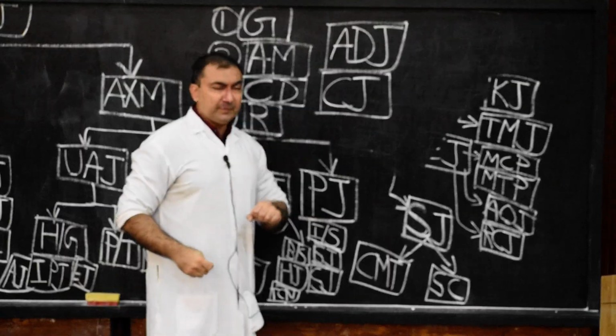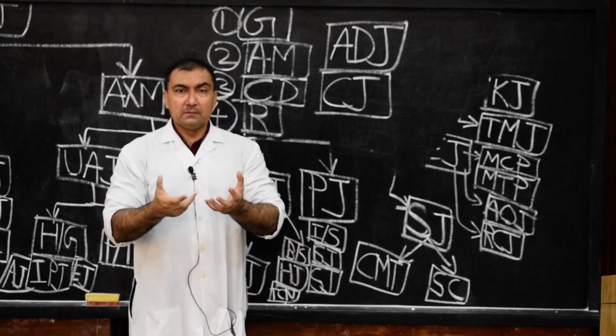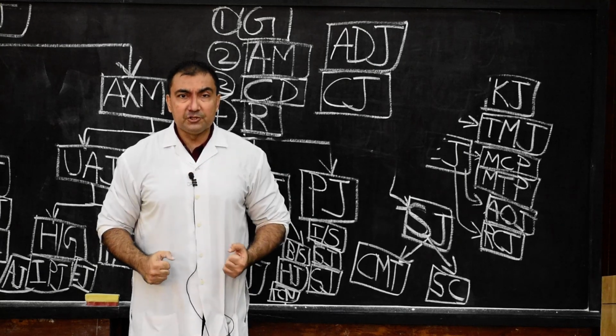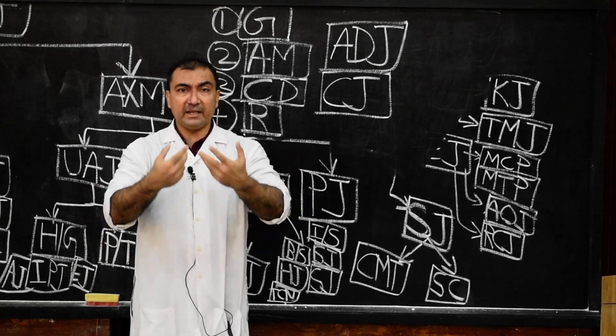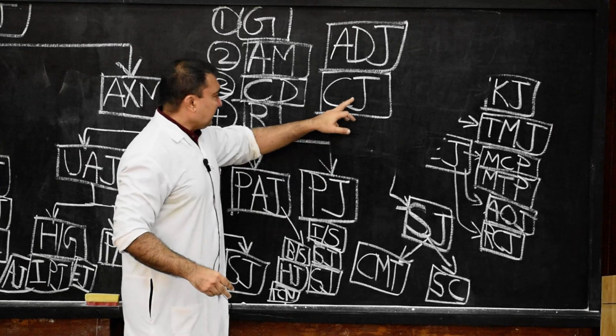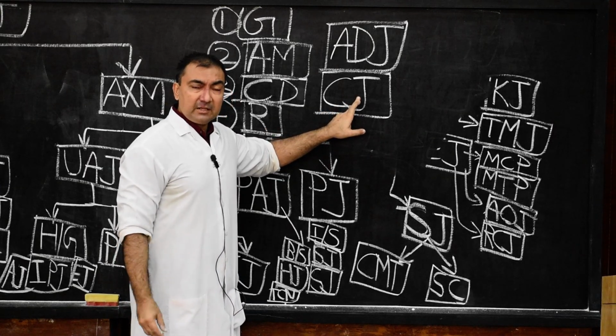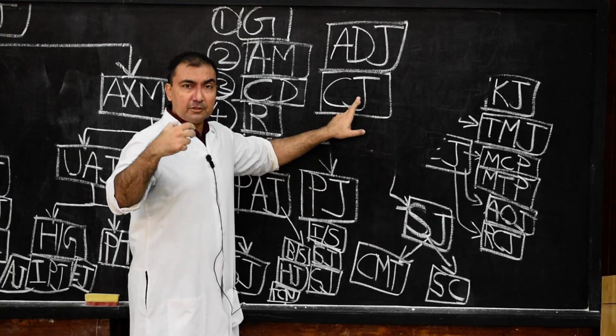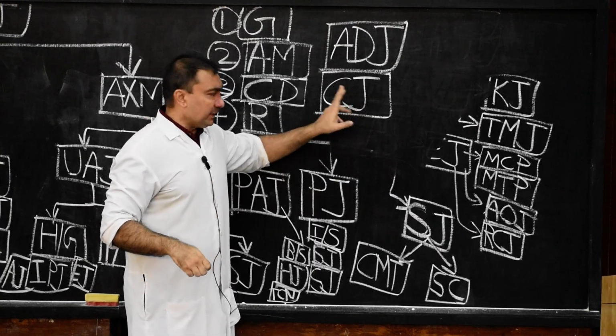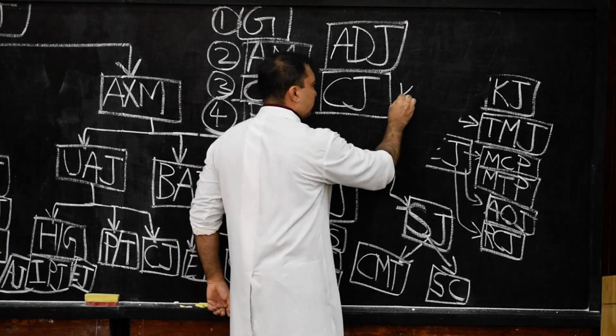Conjunct movements means passive movement of the joint because of some other actions. For example, passive movement of the joints occurring because of the movements or contraction of the muscles. For example, here knee joint.